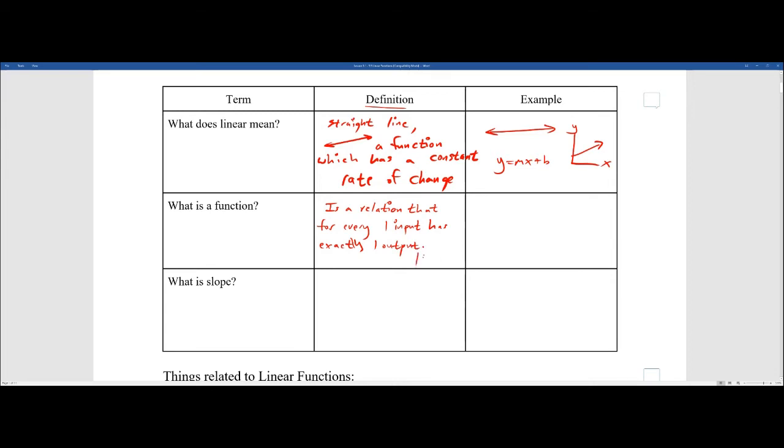That's also something we know as one-to-one. A good example of that would be if you plugged in a 1, out would come one answer. And if you plugged in a 2, out comes just one answer. That is considered one-to-one. So this is a mapping, by the way. I used a mapping for an example.